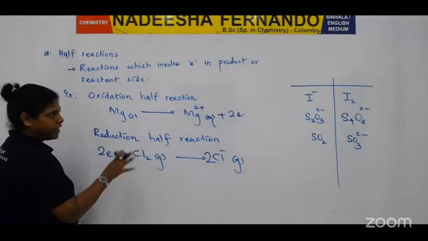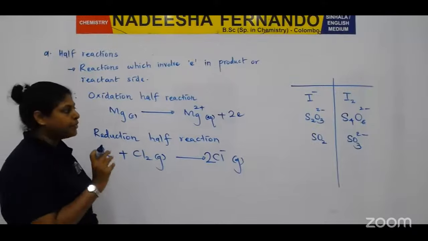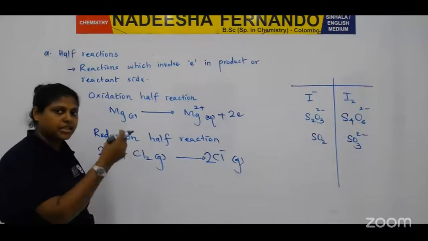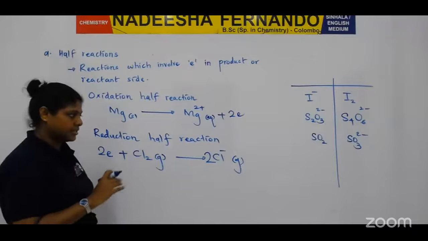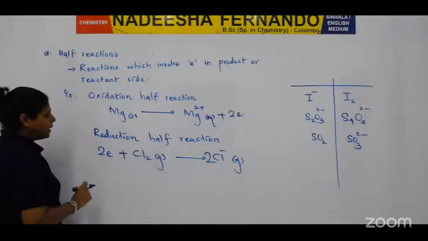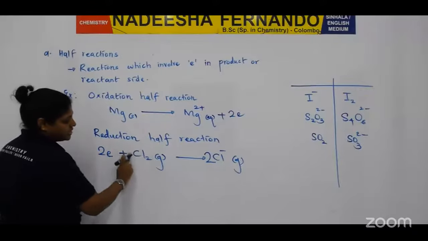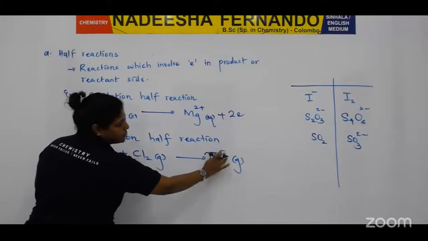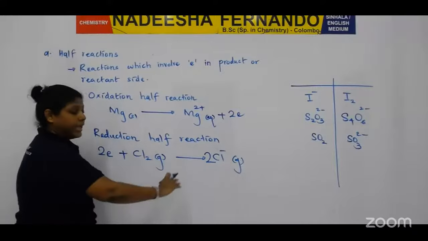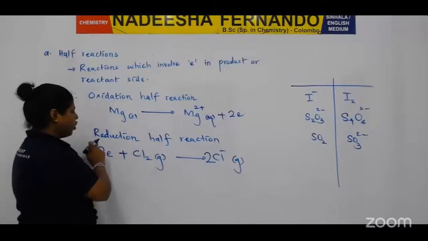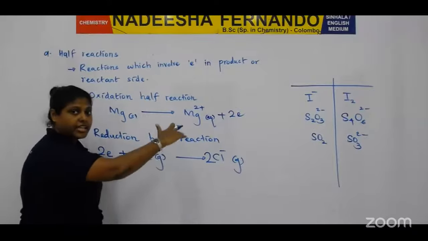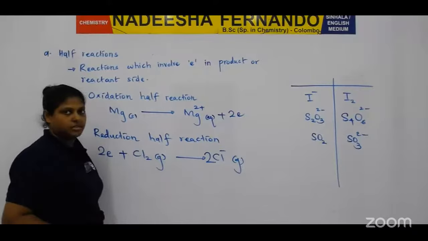I will explain later how to get the number of charges and the balanced reaction by adding electrons. Here the initial charge is 0, the final charge is minus 1. Increased negativity is called reduction.